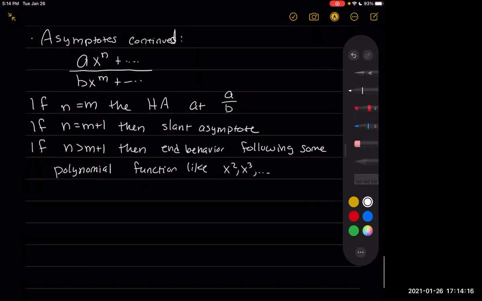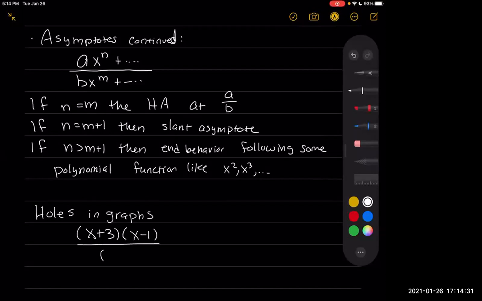Okay. And then also there can be a hole in a graph. So if we have something like x plus 3 over x minus 1, these x minus 1s will cancel, and so we'll have a hole at x equals 1.